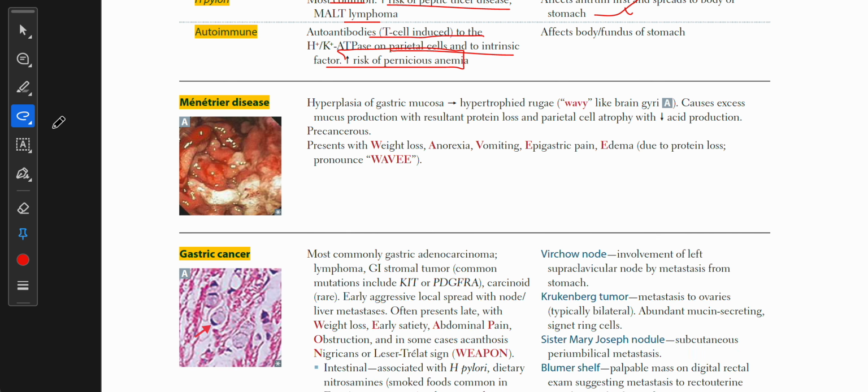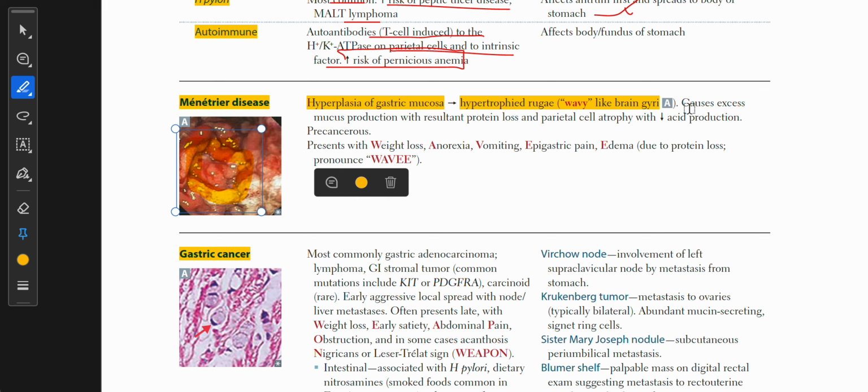So let's go to Menetrier disease. This is a very important disease you have to remember. In this disease, what actually happens is hyperplasia of gastric mucosa occurs, that is hypertrophied rugae, wavy like brain gyri, are present, as you can see here.